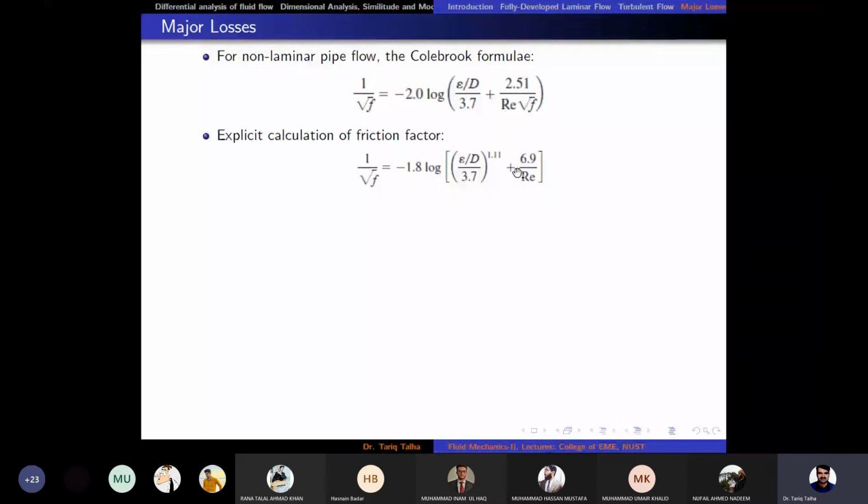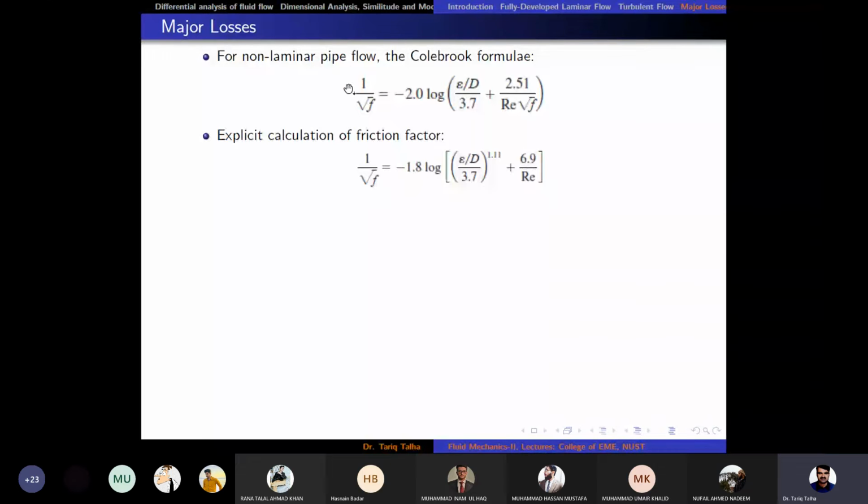That is for transitional and turbulent flows. The friction factor for laminar flow is 64 upon Reynolds number. For transitional and turbulent flows, you can either use the Moody chart or these two relations, one implicit and one explicit, right? I would suggest that you use the explicit relation, because it is quite easy to do the calculation.